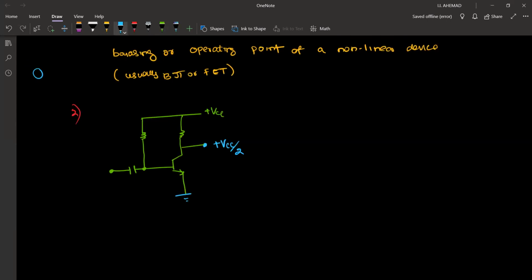Can you remember bias, biasing, bias voltage? When we supply the bias voltage, we will try to keep this voltage at VCC by 2.